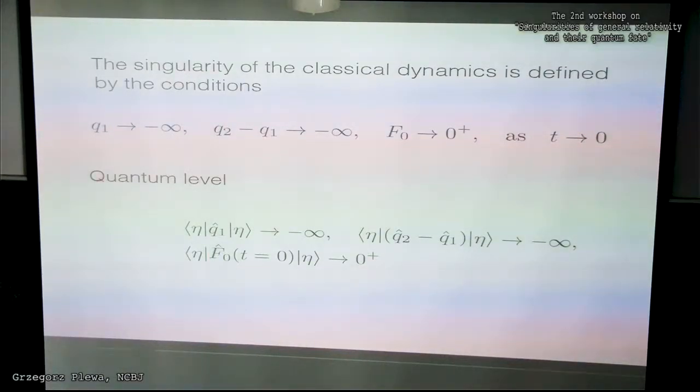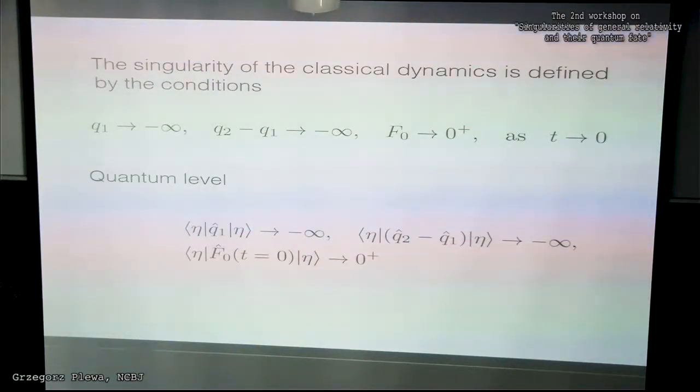And also, as was shown, these conditions can be translated to the quantum level and expressed in the language of the corresponding operators.